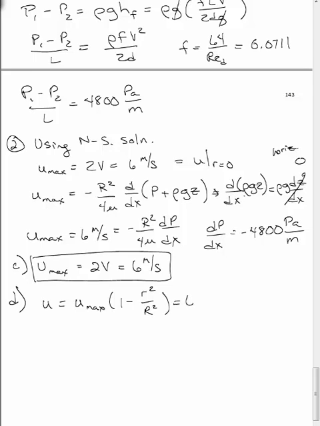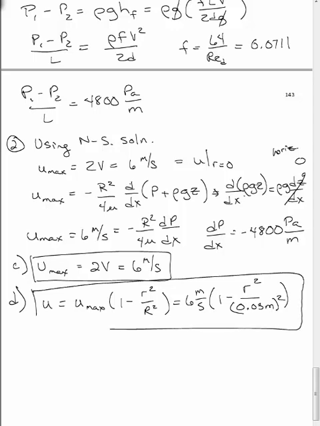So that's equal to 6 meters per second times 1 minus little r. And remember little r, that's your coordinate. That's just going to stay in. But our big R is 0.03 meters, squared. So there we have it. At any r value. So we could plug in r equals 0.01 and figure out what the velocity is at any r.